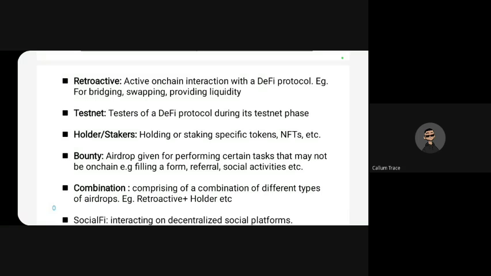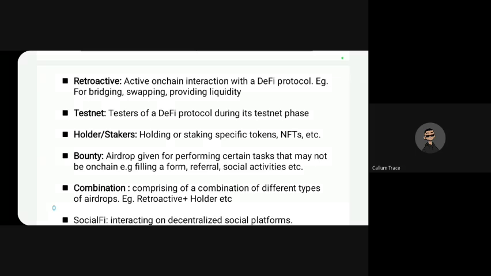So for testnet, you do not require real money. For testnet, you use test tokens, or we call them faucets. Most of these projects provide test tokens, fake tokens you can use to test their product.